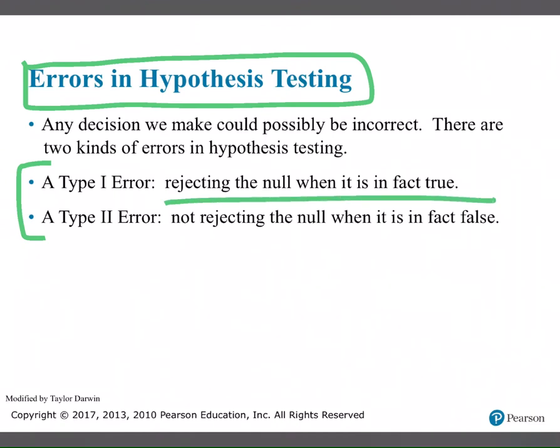That would be like sending someone to jail when they're actually innocent, right? That's an error in the court system. And a type 2 error is not rejecting the null when it is in fact false. So that would be like not sending someone to jail when they are guilty.